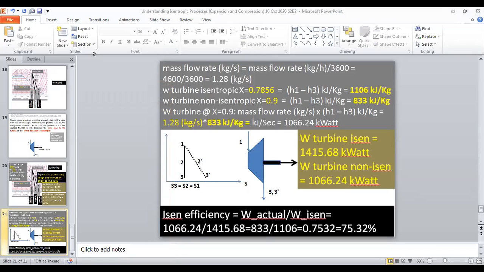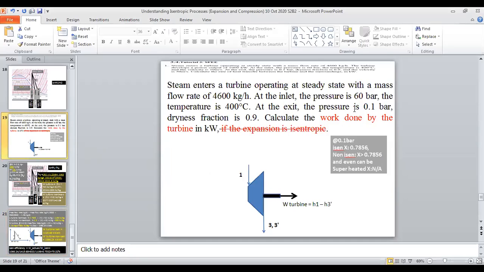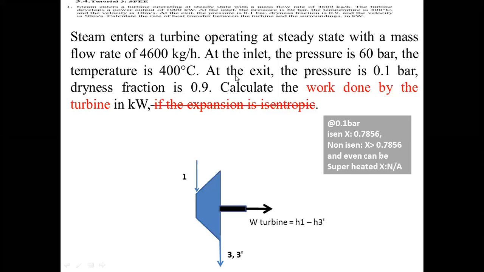Sir, when we take the H1 value, do we consider the pressure 60 bar? Yes, pressure is 0.1 bar in that case, Bhuta. If I go to the question, see, at the exit the pressure is 0.1 bar. Pressure is a very important measurement. Sir, 60 bar, that is the inlet pressure. Inlet pressure is 60 bar at 1.